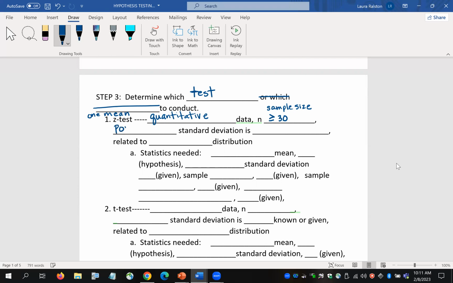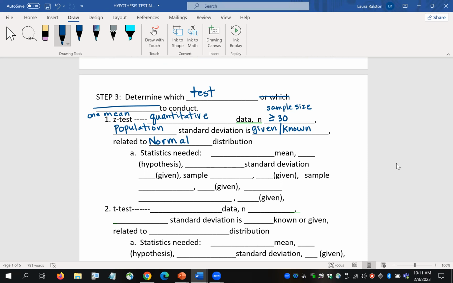The population standard deviation is given or known, and this particular test relates back to the normal distribution that we talked about at the end of Module 2.